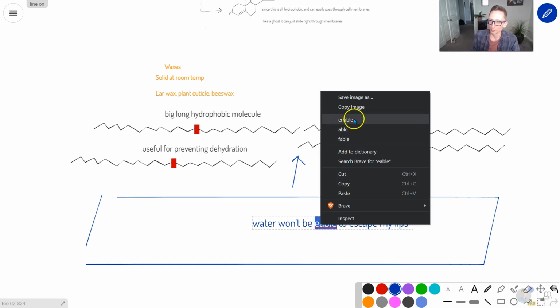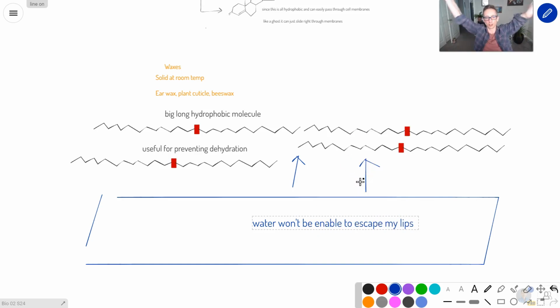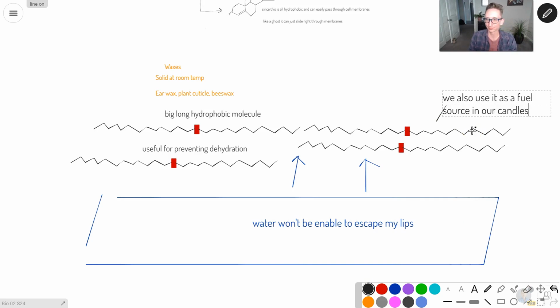So you see why this is useful for plants. They don't want water just leaking out of their whole body. They want it leaking out in very specific areas that they can control and regulate. Yeah, so we use this for all kinds of functions. We also use it as a fuel source in our candles, right?